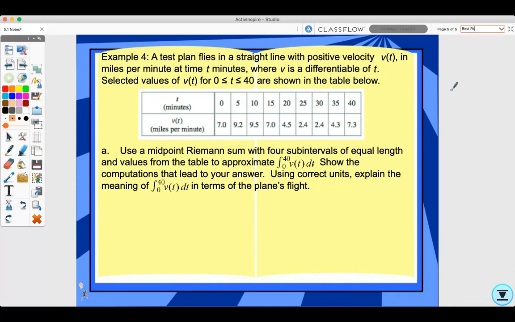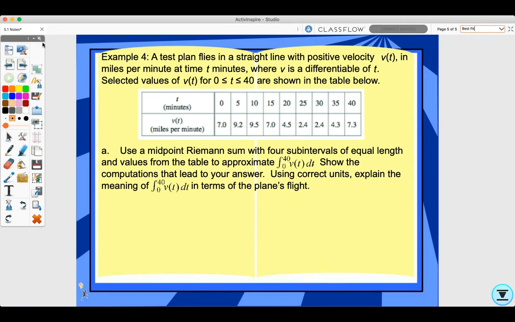Use a midpoint Riemann sum with 4 subintervals of equal length and values from the table to approximate the integral from 0 to 40. Show the computations that lead to your answer. Using correct units, explain the meaning of the integral from 0 to 40 of v of t dt in terms of the plane's flight.